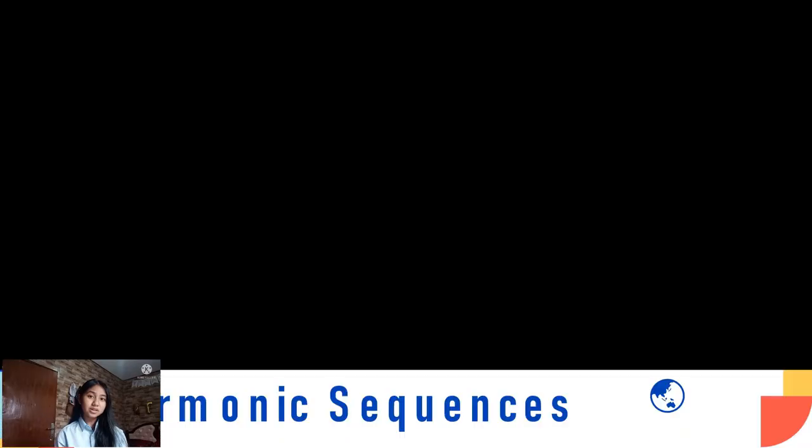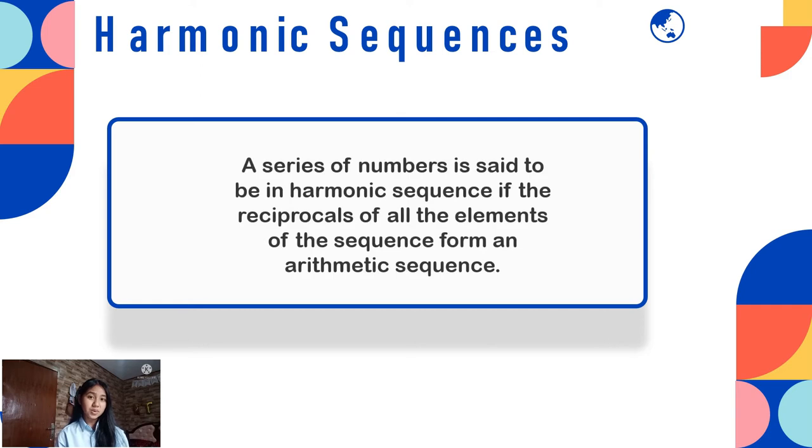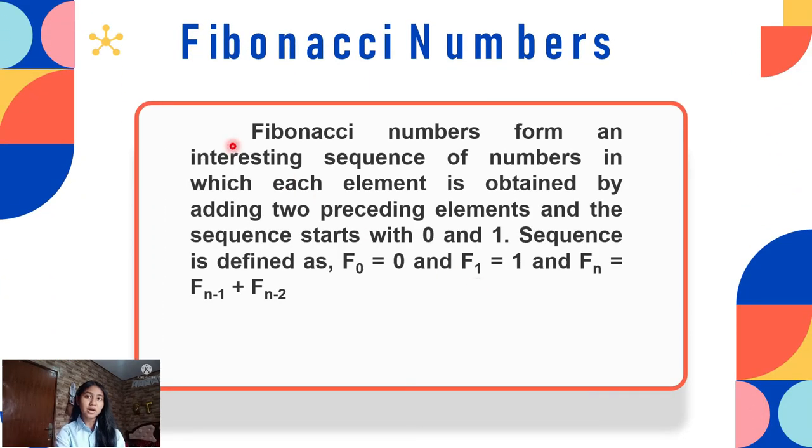Well, I will continue to explain the harmonic sequence. A series of numbers is said to be in harmonic sequence if the reciprocals of all the elements of the sequence form an arithmetic sequence. Okay, type four is the Fibonacci numbers.